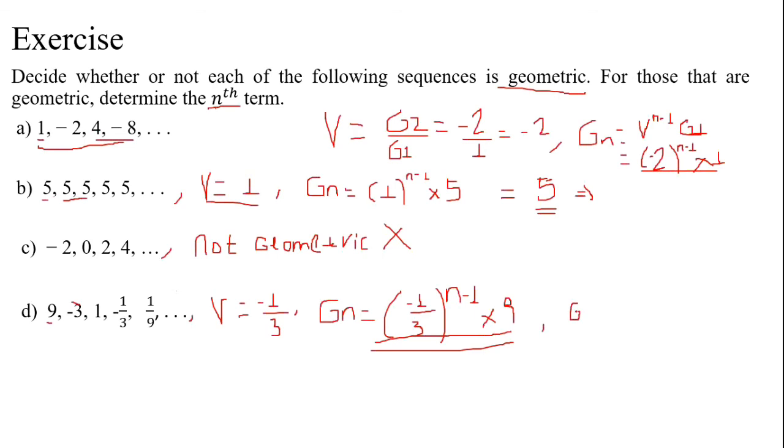So minus 1 to the power of 1 is minus 1, over 3, times 9. If we divide 9 by 3, we obtain minus 3 here.